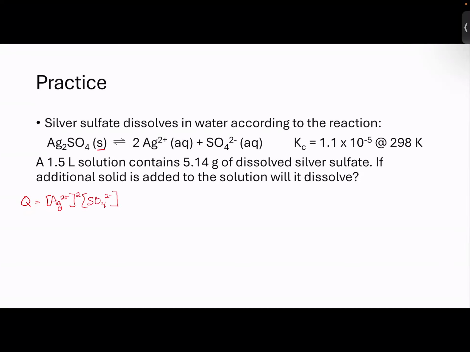So for the molarity of the silver sulfate, first let's get the grams into moles. 5.14 grams of silver sulfate for every 1 mole of silver sulfate, talking about a molar mass of 203.86 grams per mole.